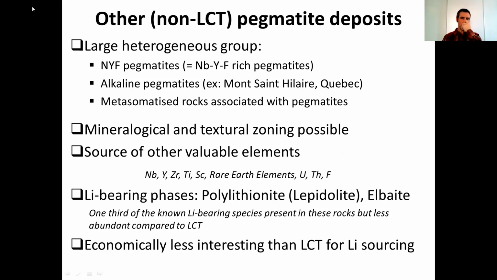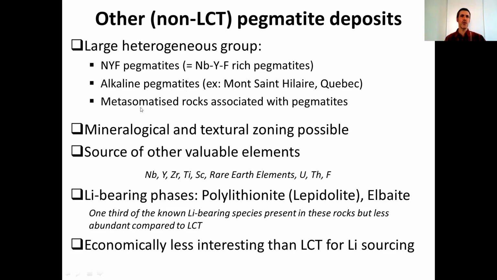Now let's have a look at the other type of pegmatite deposit. This is a large heterogeneous group of rocks. We have a specific type of pegmatite, the NYF pegmatites, niobium, yttrium, fluorine enriched pegmatites. In this group of pegmatite deposits, we have also alkaline pegmatites like Mont Saint-Hilaire in Quebec.